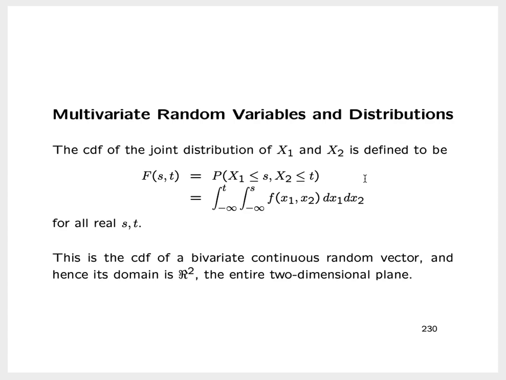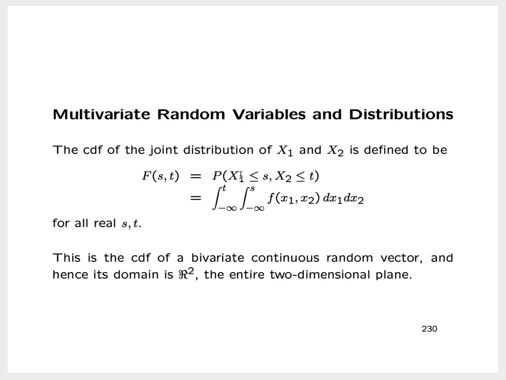But the way that we calculate this probability differs from the previous case because now x1 and x2 are continuous. In order to evaluate this probability, based on the second bullet point on the previous slide, we have to integrate the joint PDF with respect to x1 and x2, x1 ranging from minus infinity up to s, and x2 from minus infinity up to t.